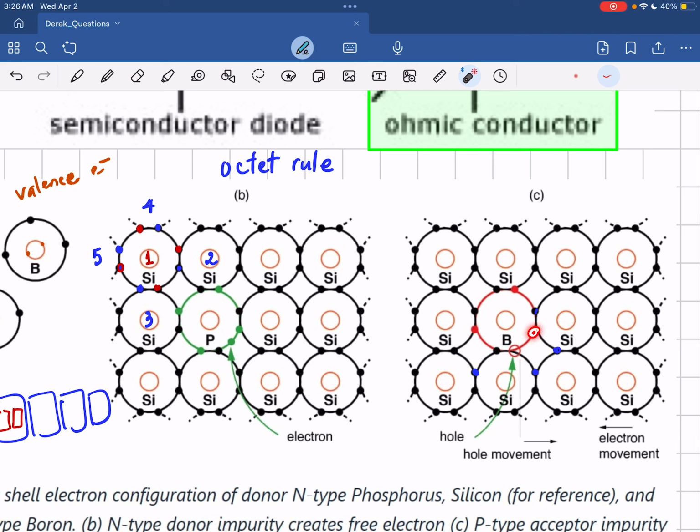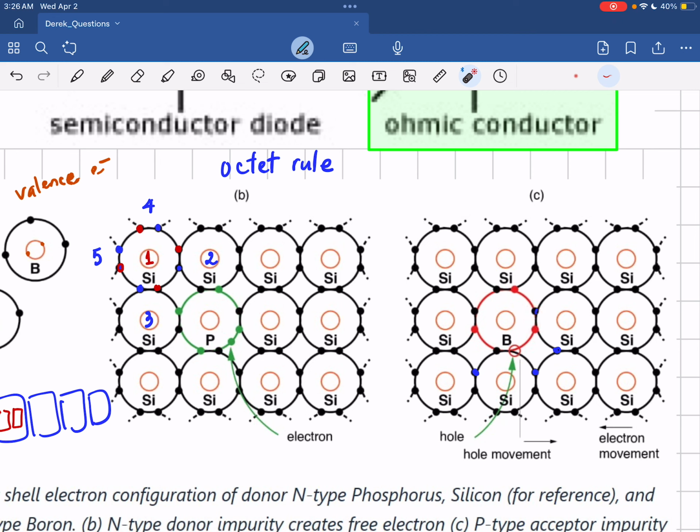But if this electron moves here, then this one becomes a hole itself, right? And then another electron will say, oh, let's jump in there. The nearest one will jump in here. So that's why, instead of electrons moving, you can see that this is more like a hole moving, right? Electrons will keep jumping in, leaving another hole, and then another electron will fill in that hole.